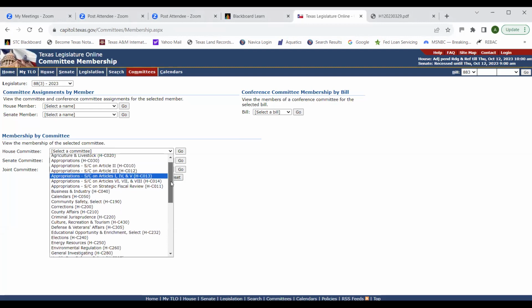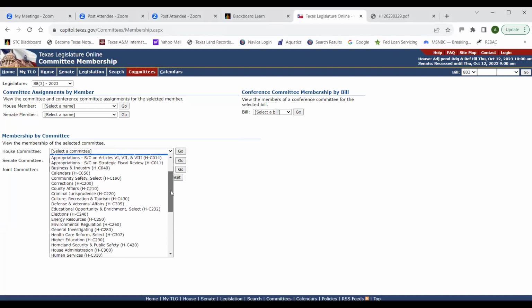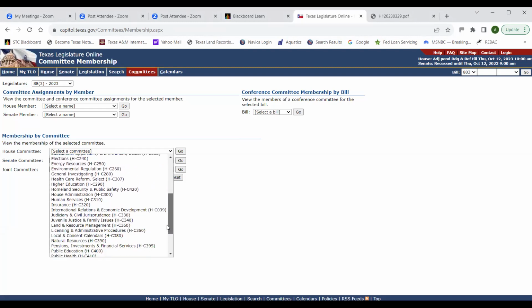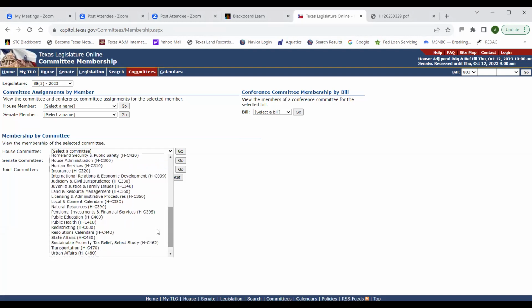We've got business. Obviously, of course, the calendar. We've got defense, veterans affairs, criminal jurisprudence, county affairs, corrections, energy, environment, healthcare, higher education, homeland security, insurance, juvenile justice, land and resource management, public education, natural resources.